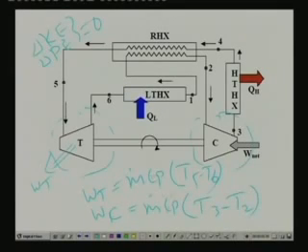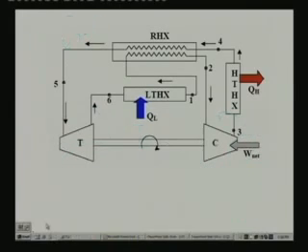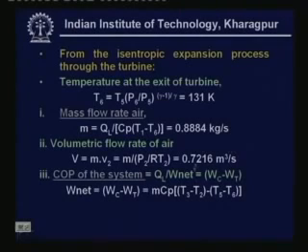Similarly, work input to the compressor Wc is equal to m dot Cp into T3 minus T2. So m dot Cp is same. So the net work input is nothing but the work input to the compressor minus work output from the turbine. You can see that the turbine is supplying its useful work output to the compressor. So net work input is the difference between these two. So that is what is written here, W net is equal to Wc minus Wt, that is equal to m dot Cp into (T3 minus T2) minus (T5 minus T6).